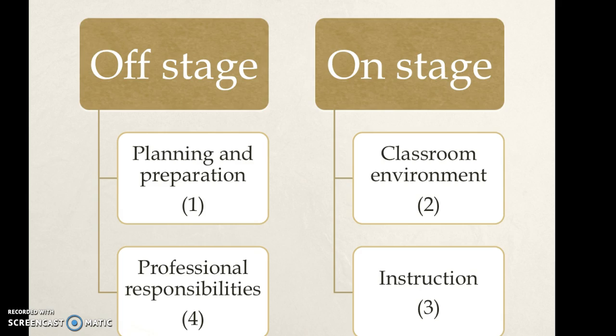The other important consideration in the structure is that domains 1 and 4 are the off-stage supportive but equally as important domains for the on-stage classroom environment and instruction. You cannot have any of these be of high quality without the other. They are all reliant upon one another and important for that.